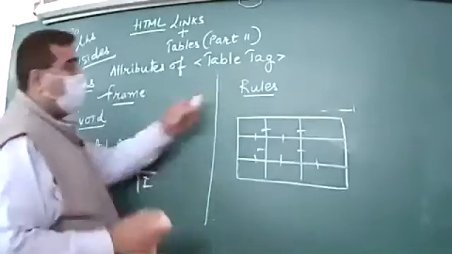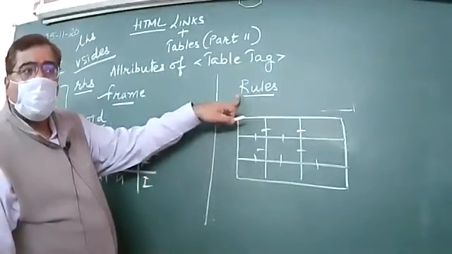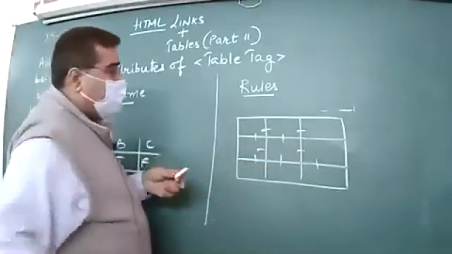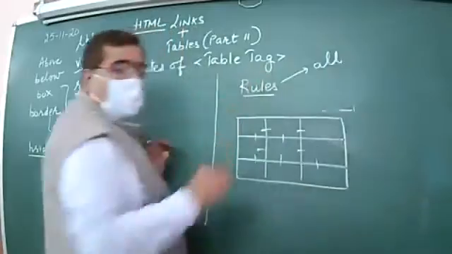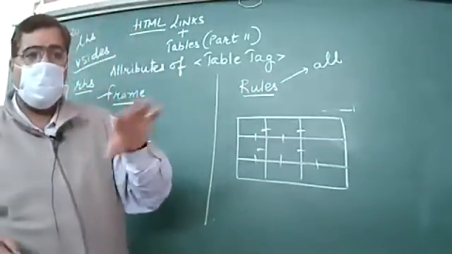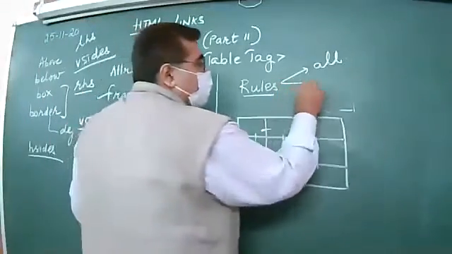Now, coming over to the rules. Rules attribute, as I told you, deals with the setting of internal border of the table. If I'm giving the value all, it means the border will appear on all the sides, the normal table. Rows.